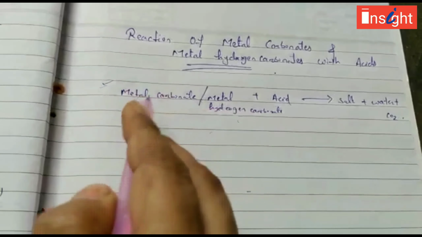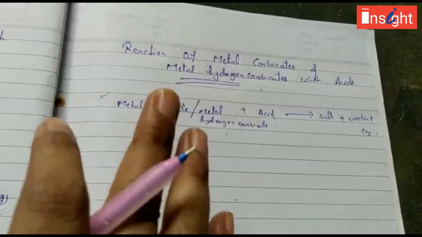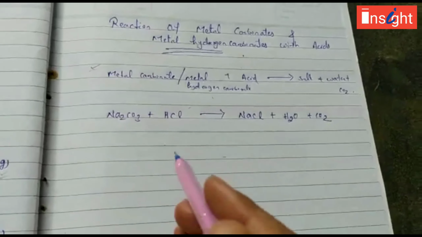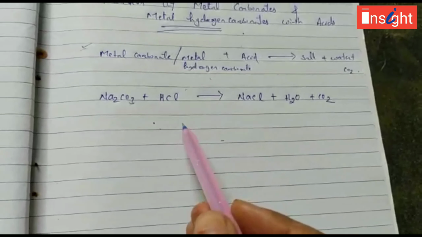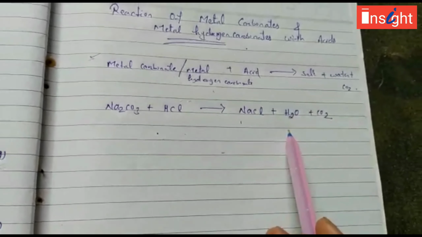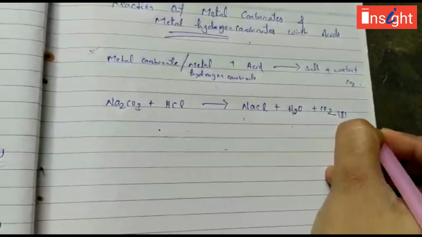First of all, let us take metal carbonate. We will take an acid and a metal carbonate and see how the reaction takes place. For example, sodium carbonate plus hydrochloric acid gives sodium chloride plus water plus carbon dioxide. So here carbon dioxide gas is liberated.